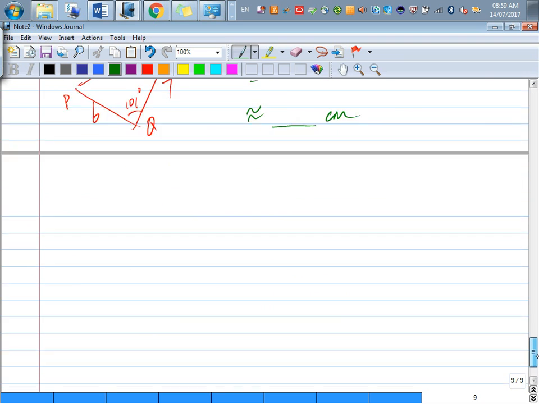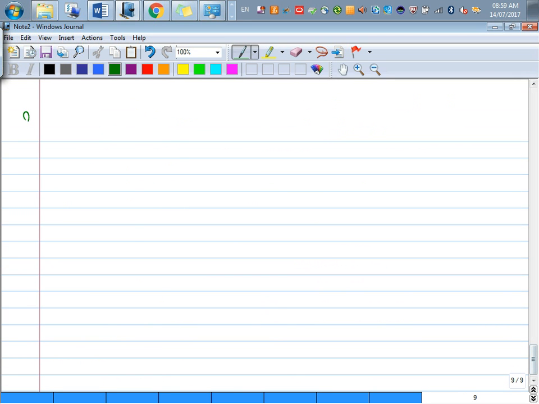Okay, now question number 2a. Find the unknown angle. This is theta, A, B, and C, 6, 8, 9. So I'm going to form an equation, keeping in mind that I want this angle over here. So I will start off with the side that is opposite it. The side that is opposite it is 8.